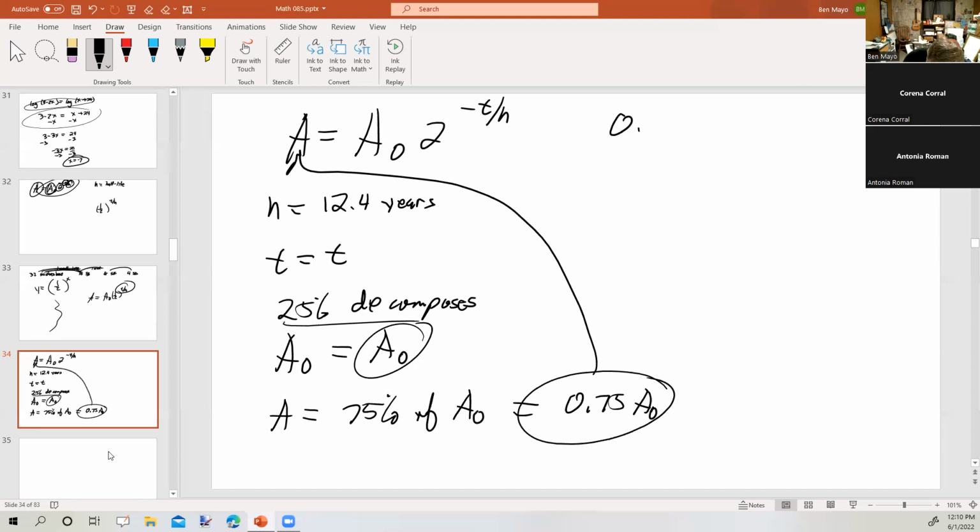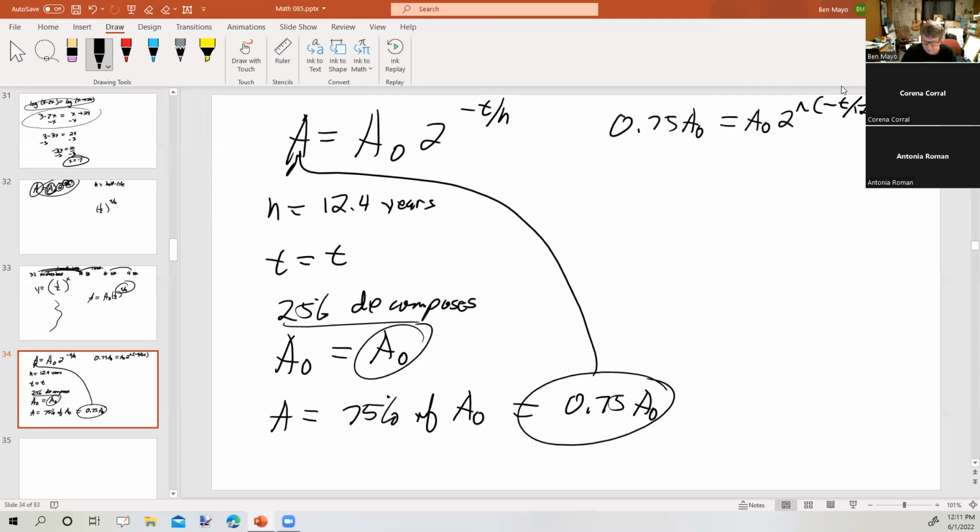So we're going to have 0.75 A sub 0 equals A sub 0 times 2 raised to the negative T divided by 12.4 power. Okay. So the exponent is negative t divided by the half-life. Any questions so far?